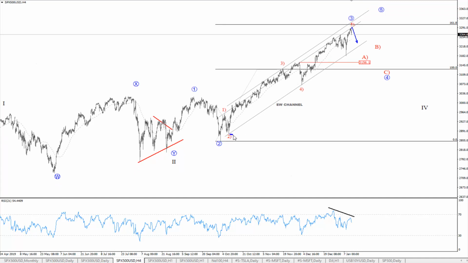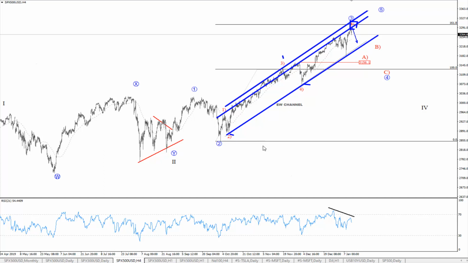I connected the end of wave 2 and the end of wave 4, and I put a parallel trend line at the top of wave 1. Notice that 5 to 8 tested these levels, and you also have the same trend line put on the top of wave 3, which ended here because it was a flat for wave 4. So generally speaking, I see the S&P 500 in some very nice, interesting technical resistance.